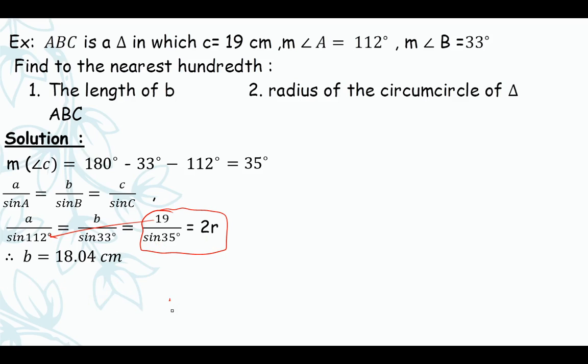And here is the value of R. Then R equals 16.56 centimeters.